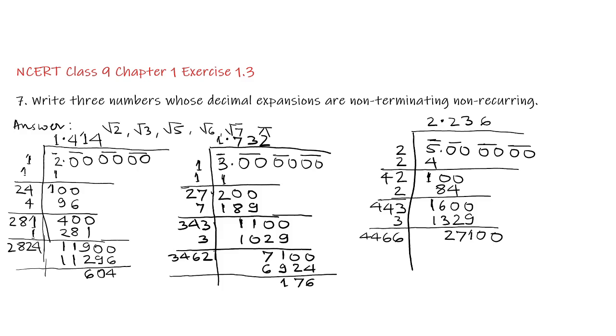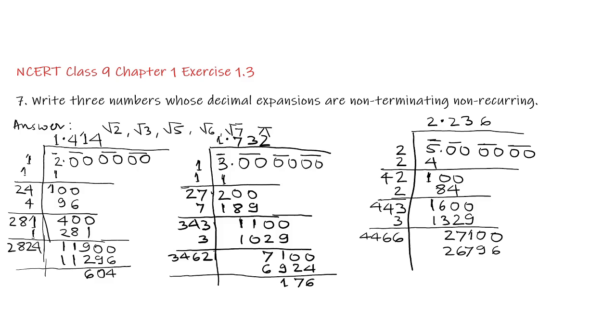So we multiply it. 6 times 6 is 36. We carry 3. 6 times 6 is 36 plus 3, 39. We again carry 3. 4 times 6 is 24 plus 3 is 27. We carry 2. 4 times 6 is 24 plus 2 is 26.